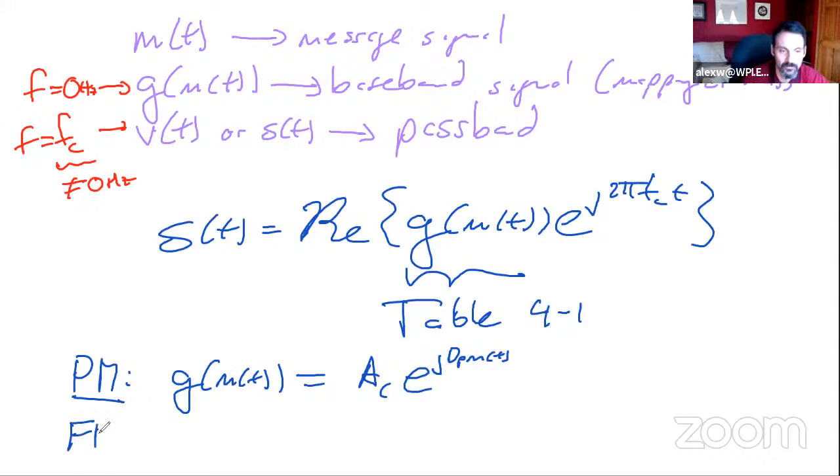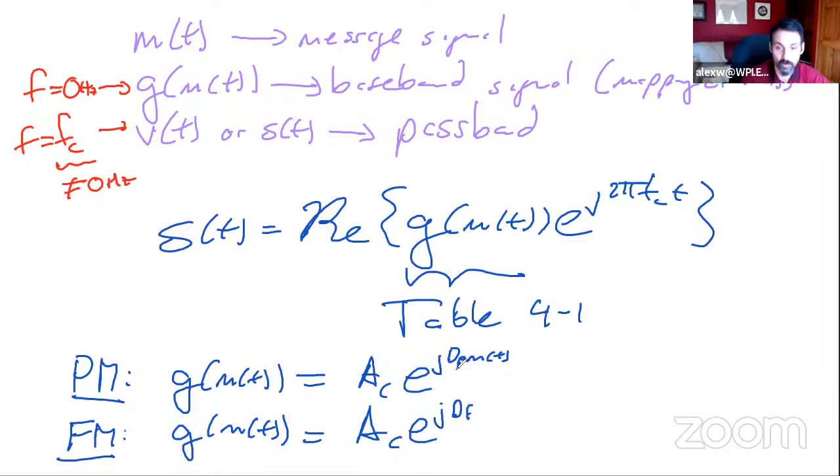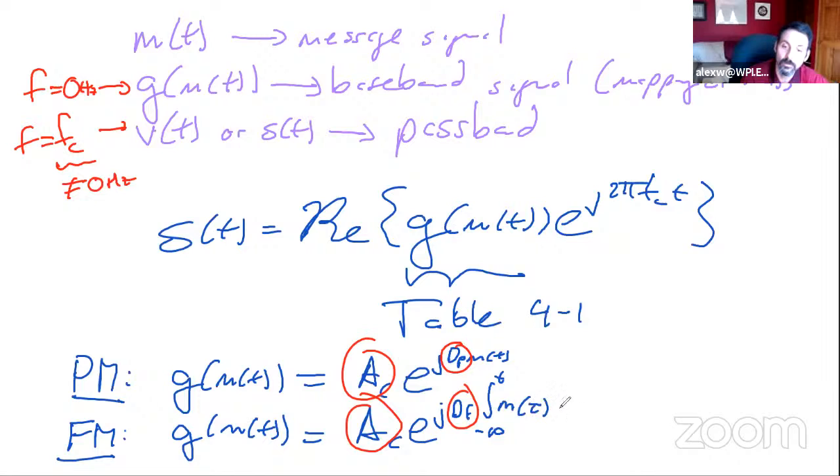Then there's FM. FM is a bit trickier because here the mapping is e to the j D_f times a constant, and this is different because now it's the running integral from minus infinity to the current time instant of M of tau.